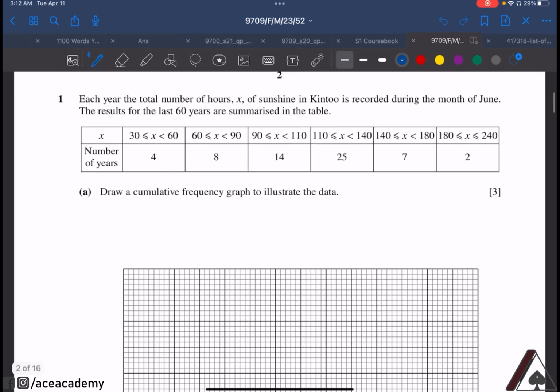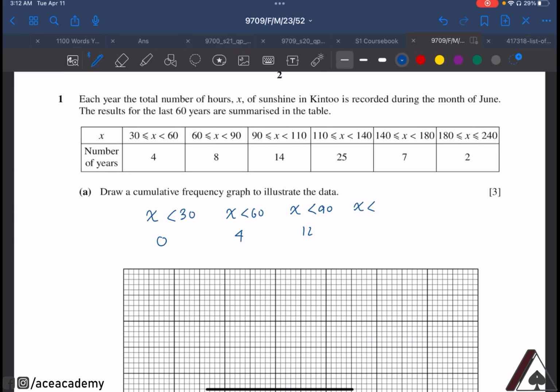Okay, so first we have to draw the midpoints. So endpoints actually. So x is less than 30, it's 0. X is less than 60, there are 4. X is less than 90, there are 12.